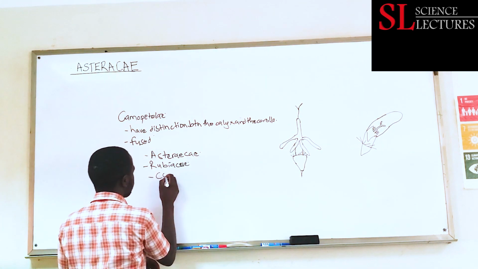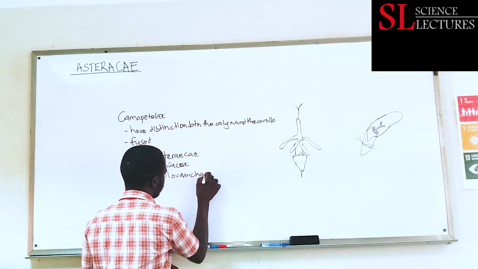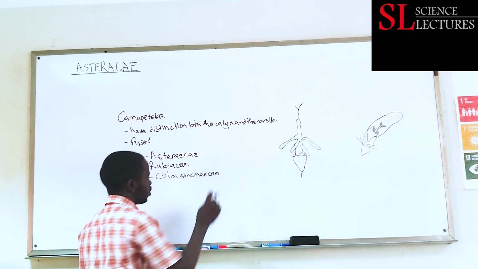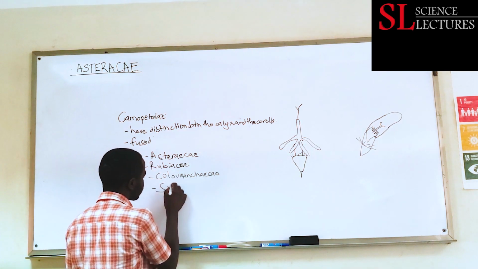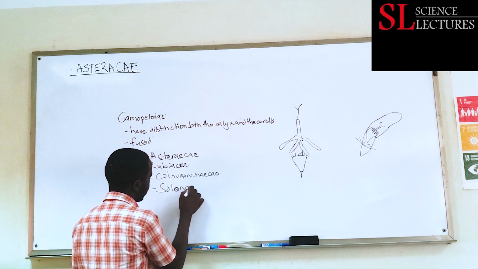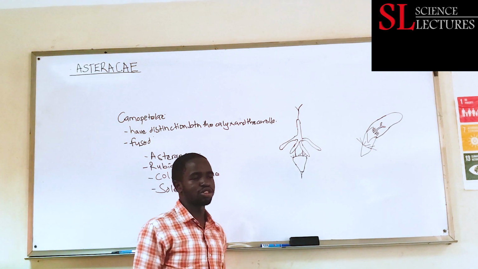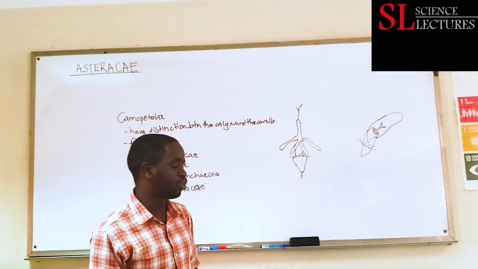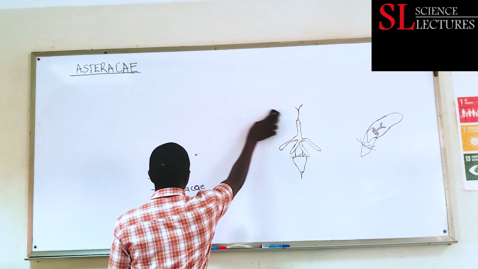We have families like Convolvulaceae, where we shall see things like sweet potatoes. We have Solanaceae, where we shall see things like Solanum tuberosum, your common Irish potato. So today we are going to discuss family Asteraceae.